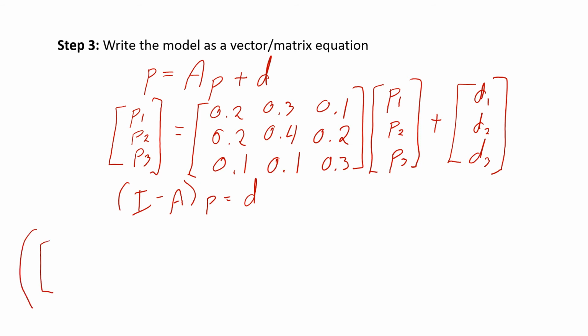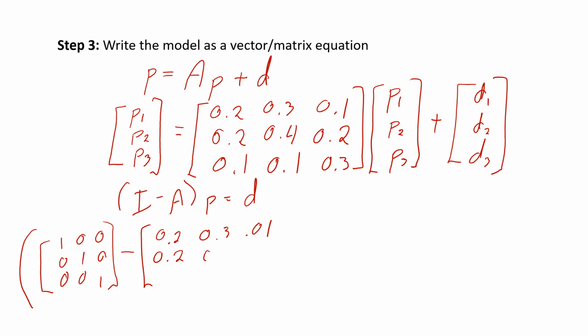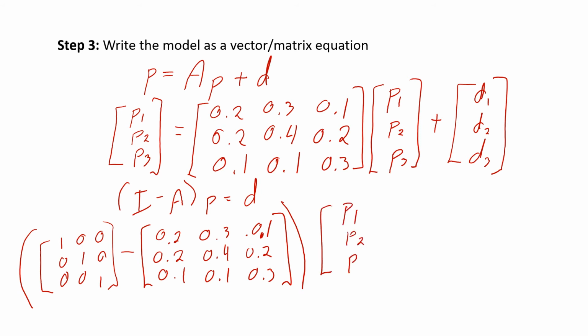I minus A is our identity matrix minus our consumption matrix, times our production vector, is equal to our demand vector, or our surplus.